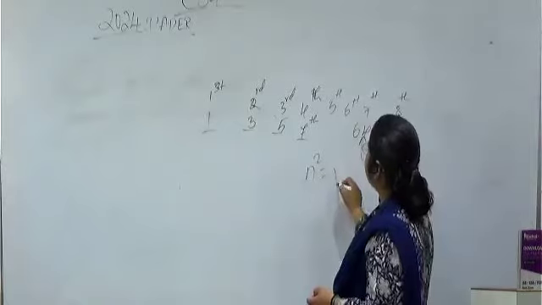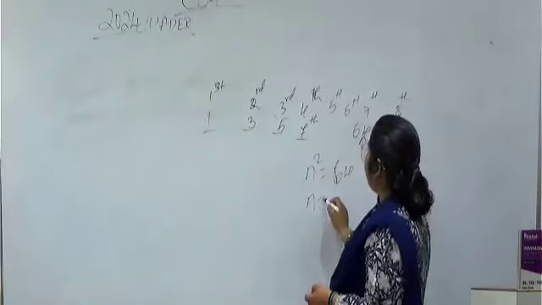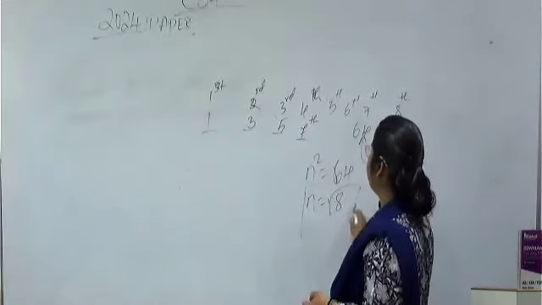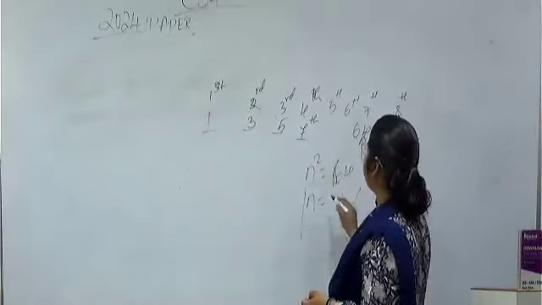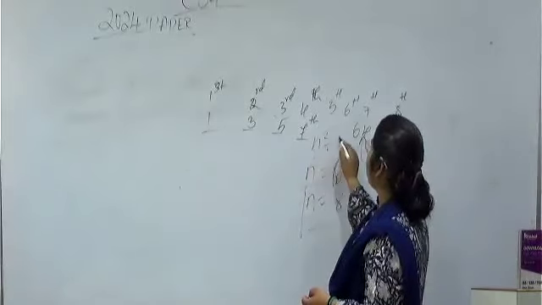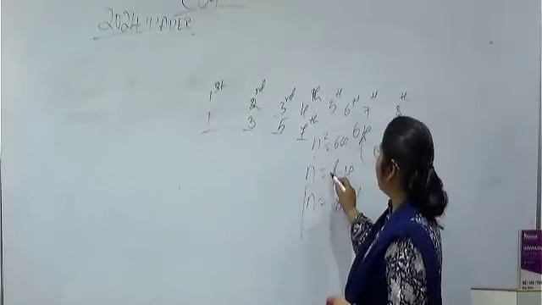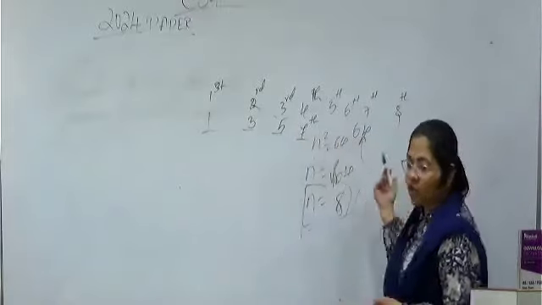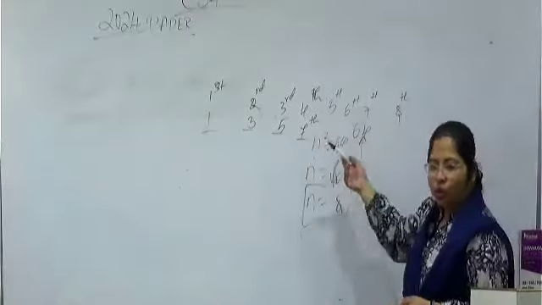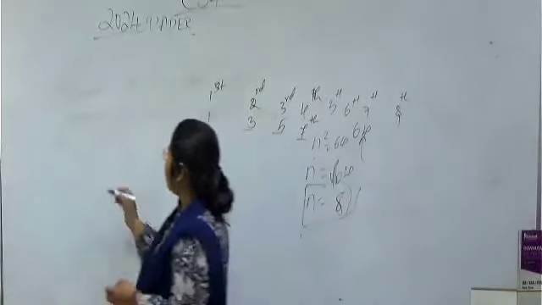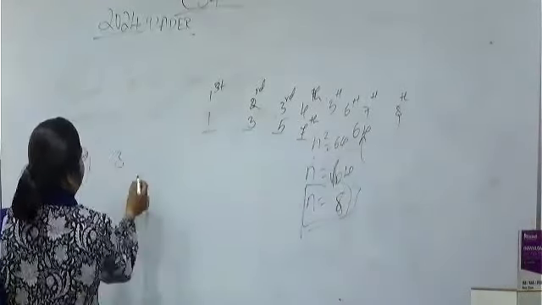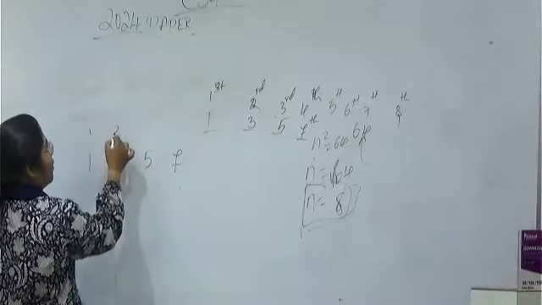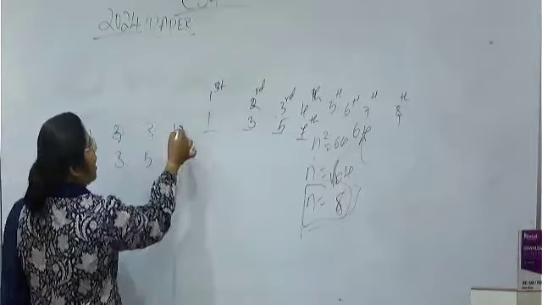The same formula: n square is equal to 64, n is equal to root 64, n is equal to 8. That means when you follow this pattern, adding 2 to it, 2 to it, 2 to it, like first one was 1, adding 2 gives 3, adding 2 gives 5, adding 2 gives 7. Like this, January 1st, 2nd, 3rd, 4th.